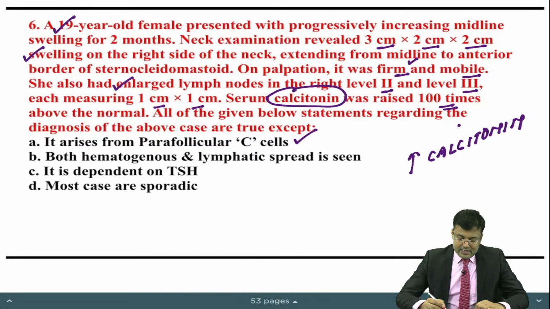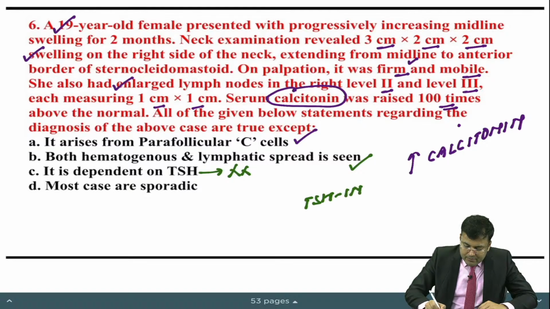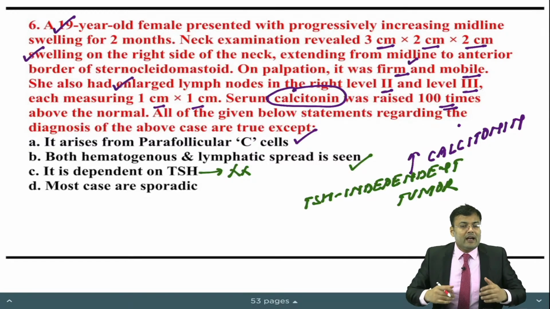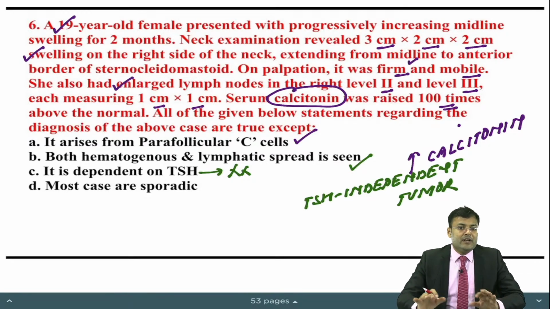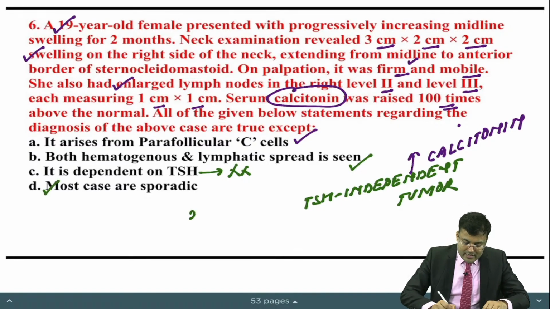Both hematogenous and lymphatic spread are seen. It is a TSH independent tumor, very important point, means it will not take up radioactive iodine, and that's why radioactive iodine is useless in this case. 80% cases are sporadic and 20% cases are associated with MEN 2A, 2B.